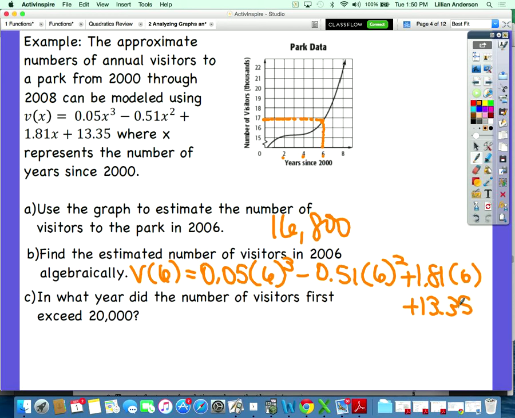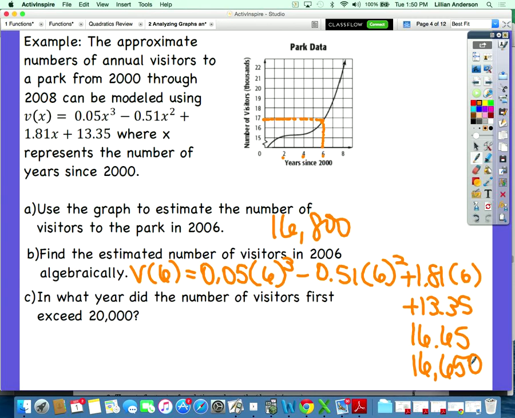And when we type that in, we get 16.65, but it's not 16.65 people. That's not even possible. Remember, the y is in thousands, so the answer is 16,650.